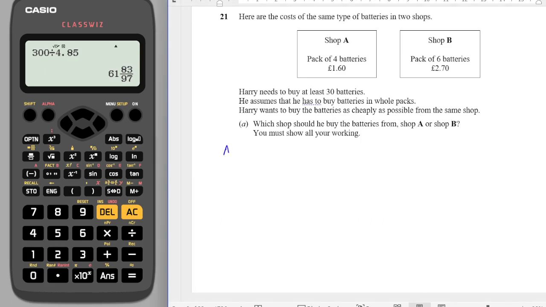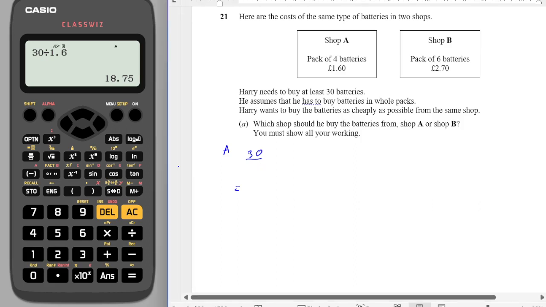So for shop A, 30 divided by... no, I've divided by the wrong thing there. 30 divided by the number of batteries in a pack, 30 divided by 4, so 7.5. So we need to buy 8 packs at £1.60 each.